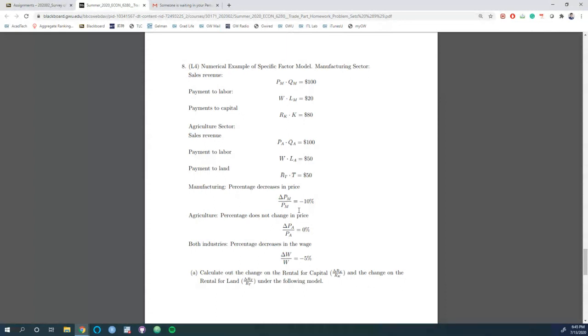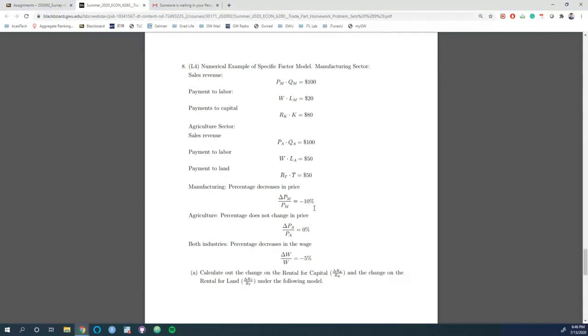Okay, Ryan, decrease, why? So the agricultural good stays at 0%. There's no change in the price of the agricultural good, but the change in the price of the manufactured is down 10%. Exactly. Right, so the price of the manufactured goods is down and the price of the agricultural goods remains the same.